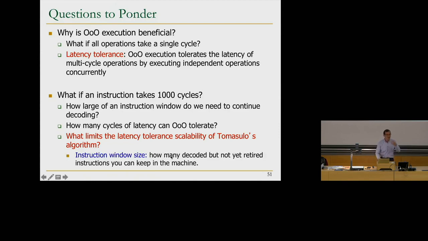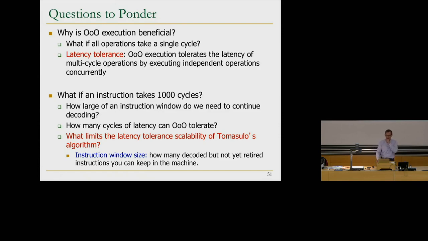So basically, what limits the latency tolerance is the instruction window size: how many decoded but not yet retired instructions you can keep in the machine. And again, hopefully, it's intuitively clear to you that increasing the size of this is not easy. Yes? Is the window size the combination of the ROB size and the size of reservation stations?